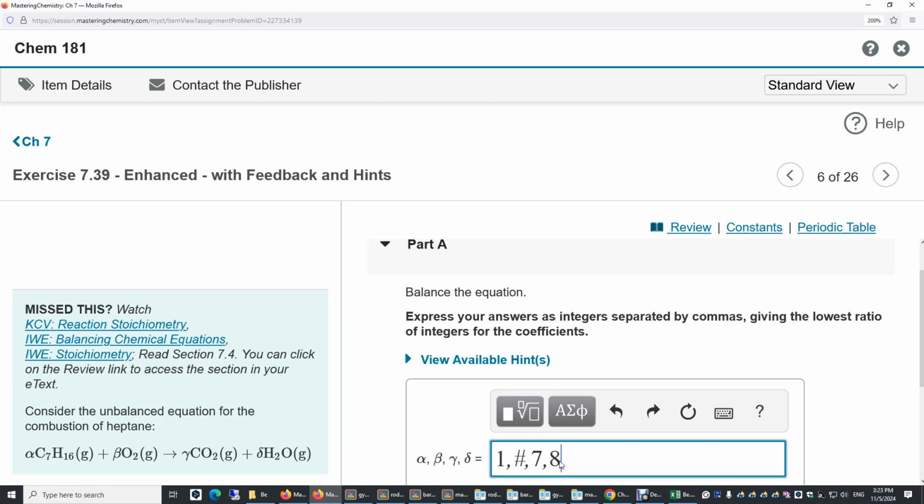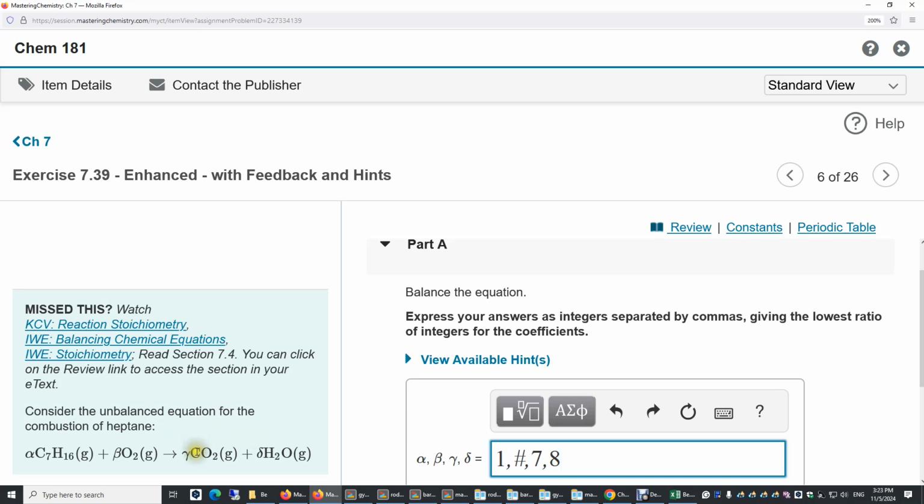Finally, oxygen. We need the value of beta, so we know this gamma is 7. 7 times 2, we have 14 oxygen atoms in CO2, and also we have 8 oxygen atoms in these 8 water molecules. So 7 times 2, that's 14, plus 8, that's 22.